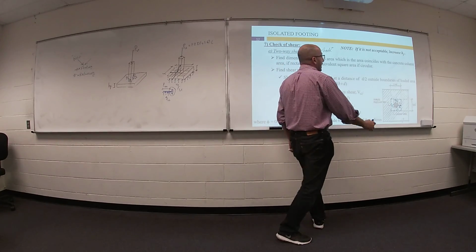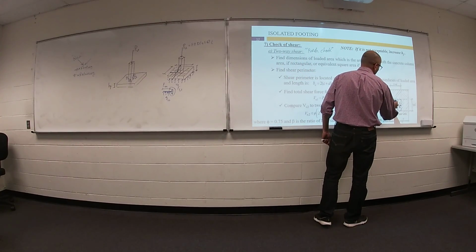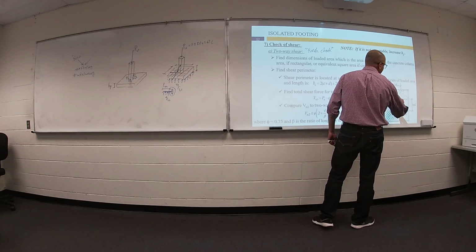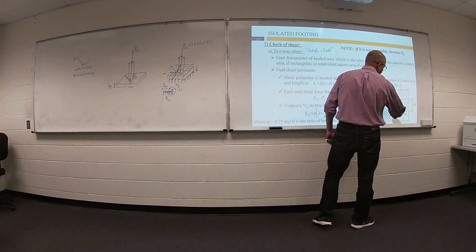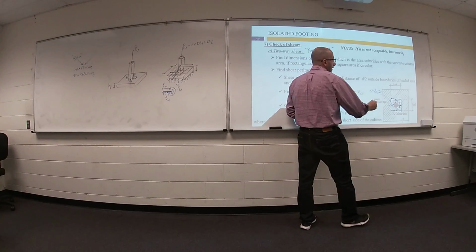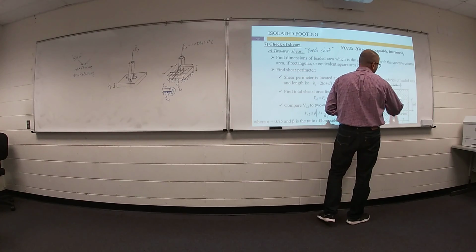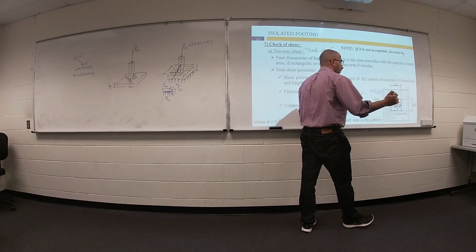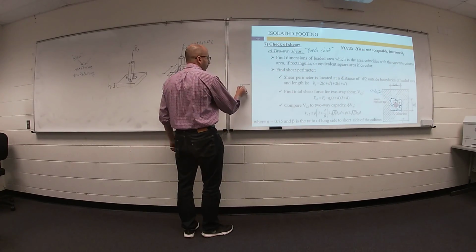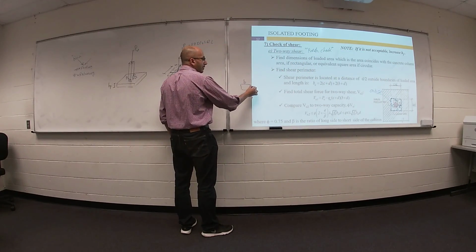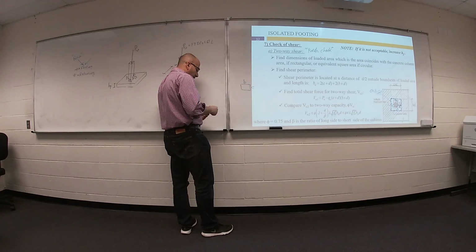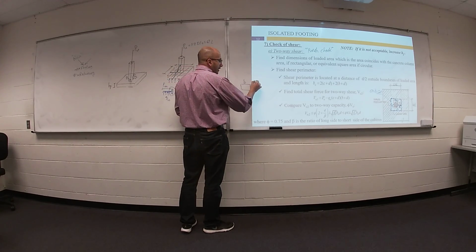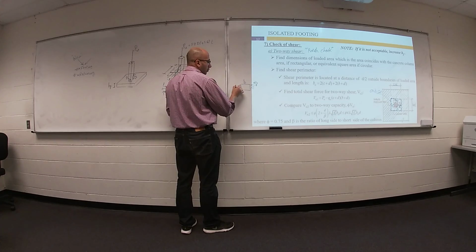So here is the critical cross section, or critical section of punch. What is the area for this shape? This distance will be c plus d, and this distance will be b plus d. Remember, your column is b and c, and I added d divide 2, d divide 2.